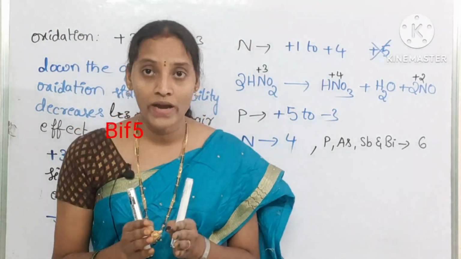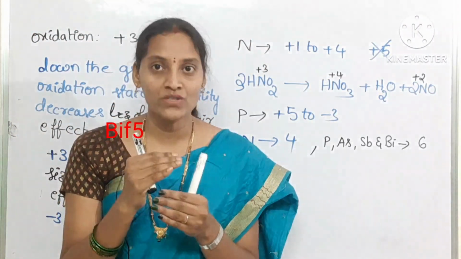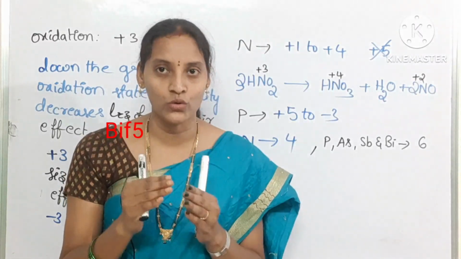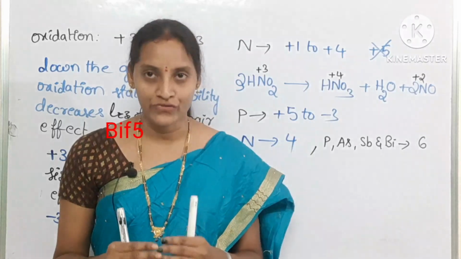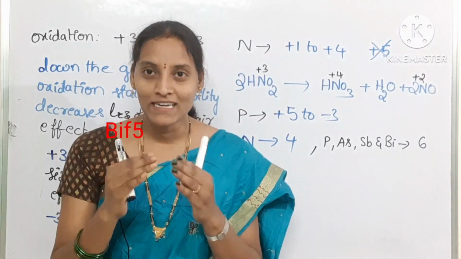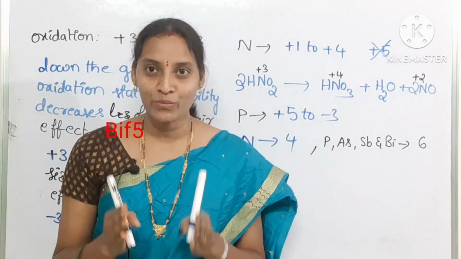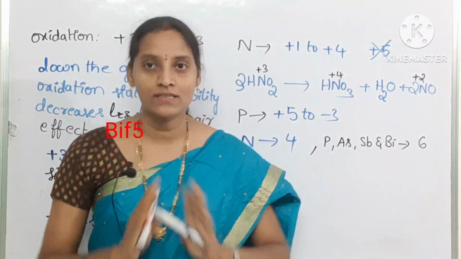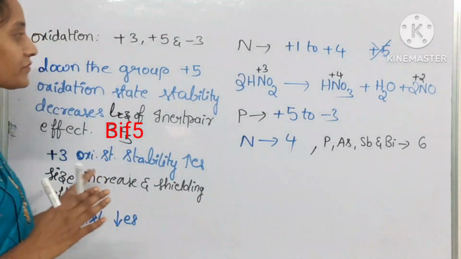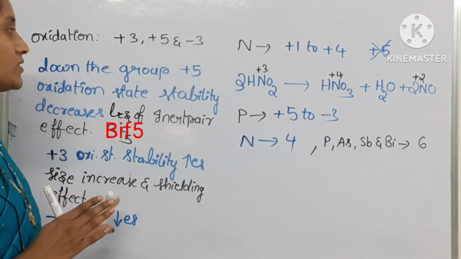Actually, their covalency at ground state is +4 only. If it goes to the excited state, it becomes 5. But here empty d orbitals are there. That is the reason they show covalency 6. This is about oxidation states.